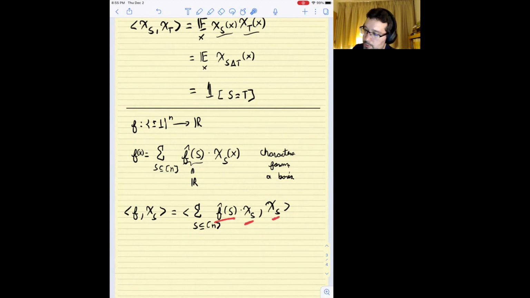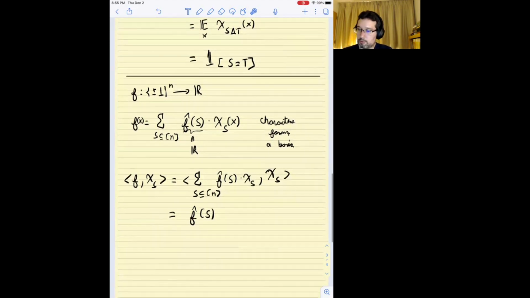And then you get precisely this. So the coefficient that we get out of this is precisely this inner product here, right? So we conclude this, using the fact that the characters form an orthogonal basis. Very good. So now we know that given any function, you know how to expand it in the Fourier basis.